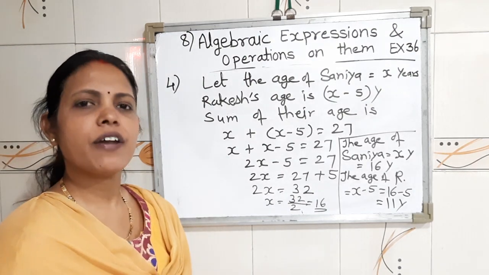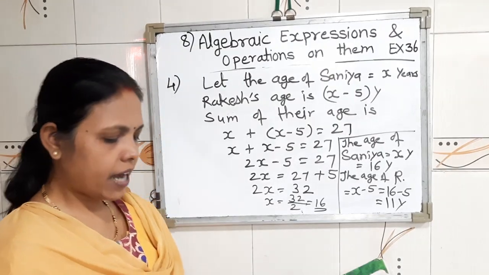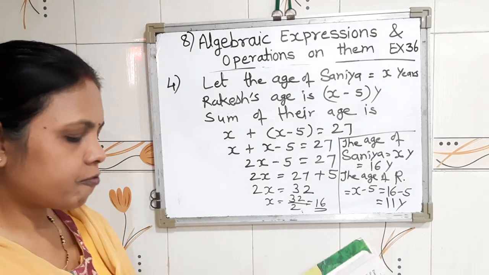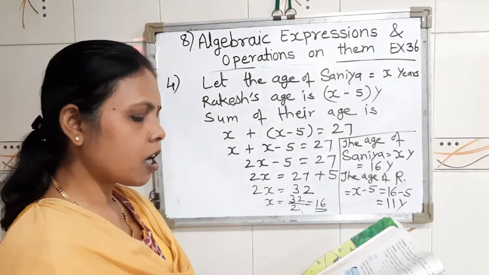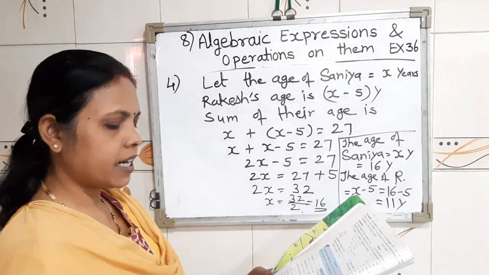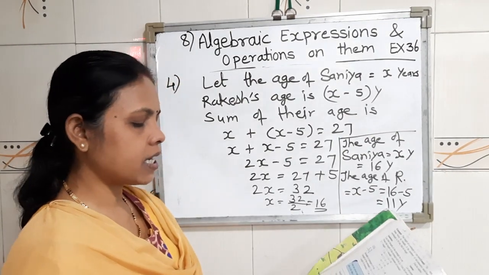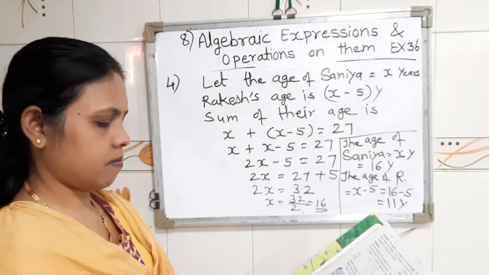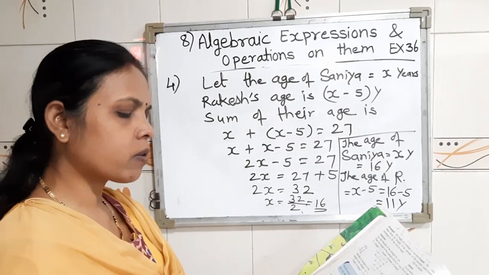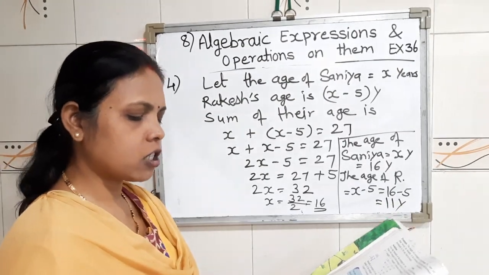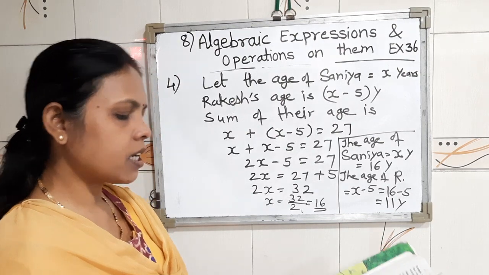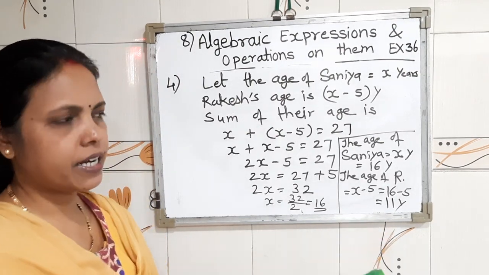Now question number 5. When planting a forest, the number of jambul trees planted was greater than the number of Asoka trees by 60. If there are altogether 200 trees of these two types, how many jambul trees were planted?